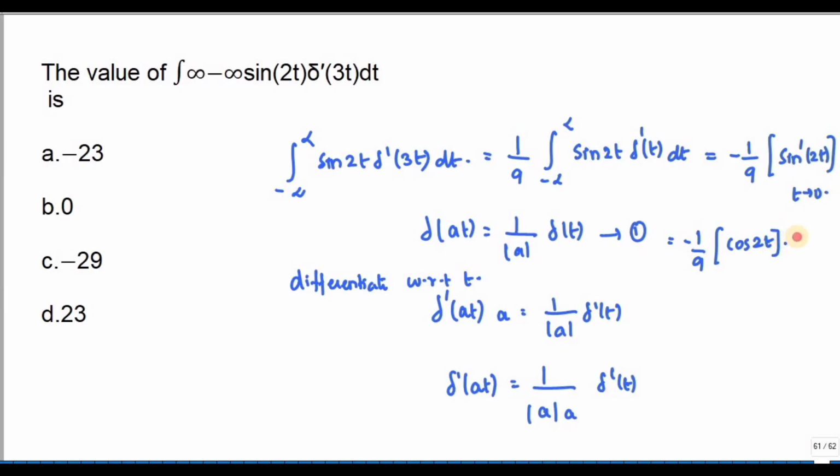So minus 1 divided by 9 cos 2t into 2, and substitute t equal to 0, so I will get minus 2 divided by 9.